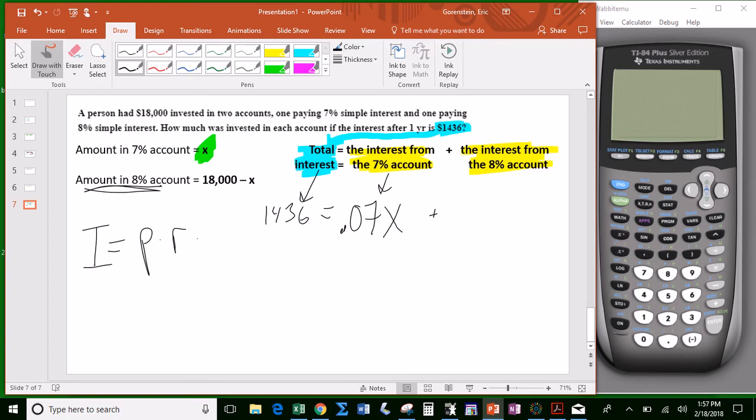So that's 8% of, "of" is times, the amount in the 8% account. That's 18,000 minus the X.